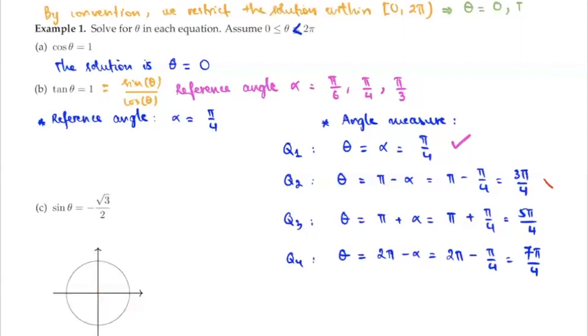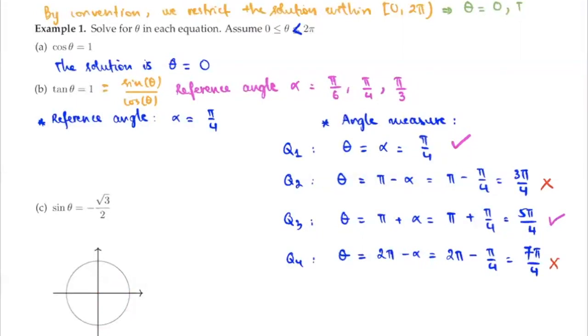That makes sense, so theta equal to 5 pi over 4 is a solution. Now in the fourth quadrant, sine is negative and cosine is positive, so tangent is a negative number, so you eliminate the value in the fourth quadrant as well.